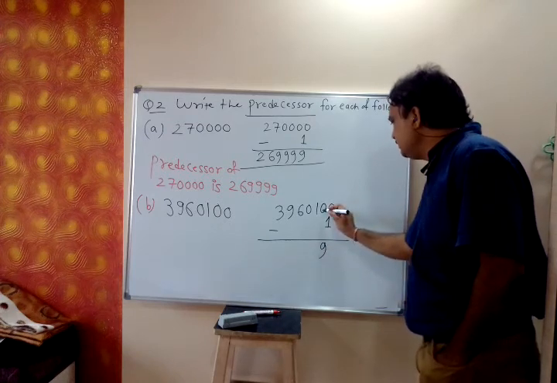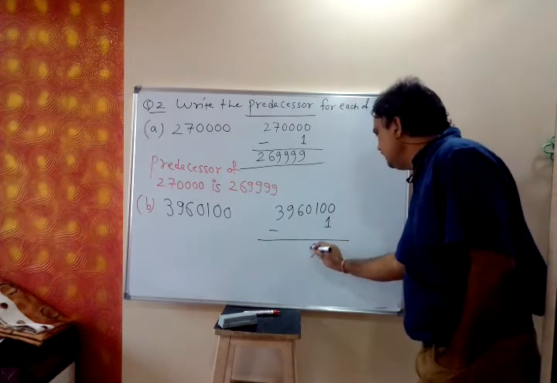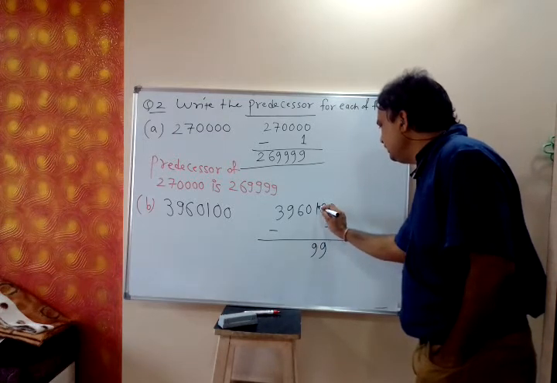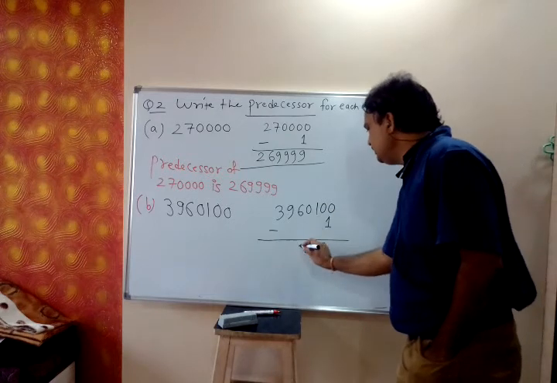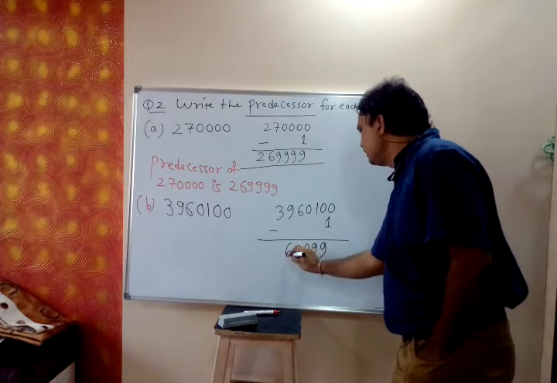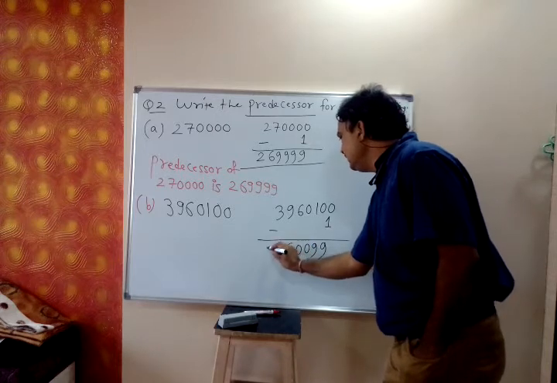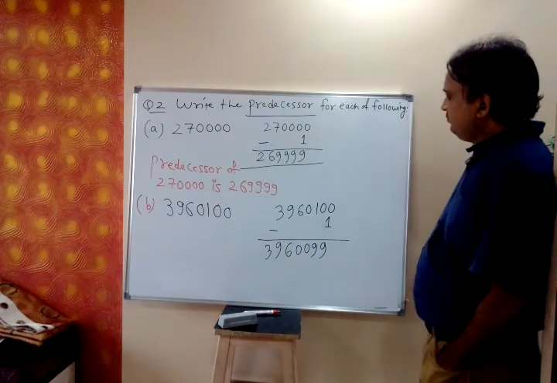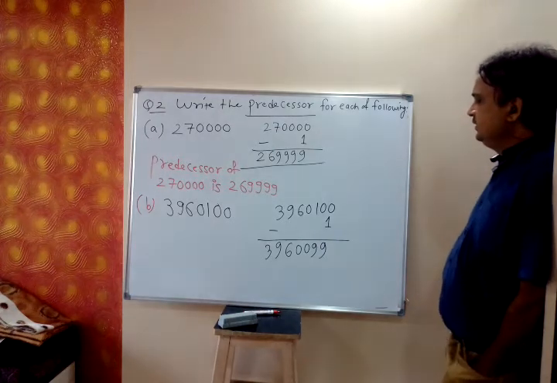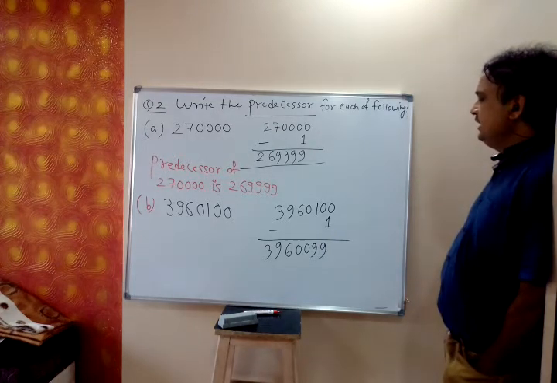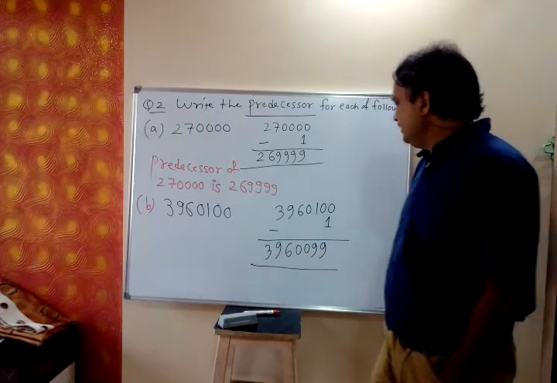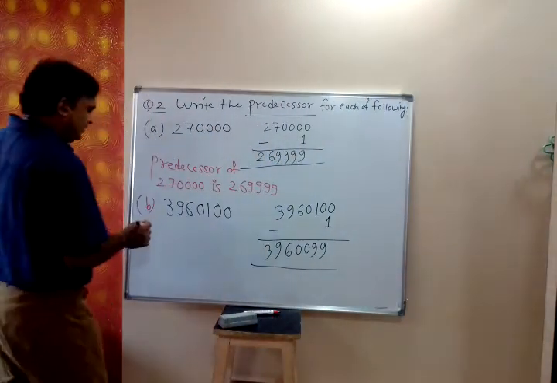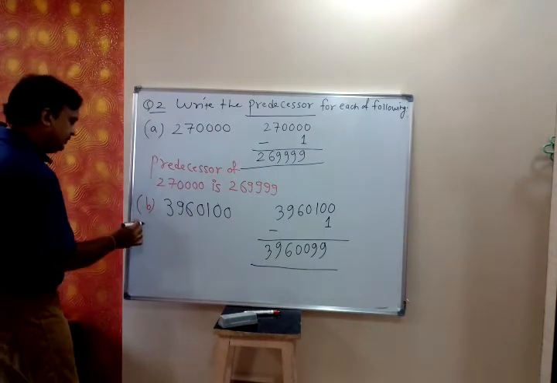Then 1 is borrowed, so 10 becomes 9. Then 1 is borrowed, so in place of 1 it will be 0. Then 0 minus 0, 0. 6, 9, 3 minus 0, 3. Is it clear? It is 39,60,099. Yes, so that is the predecessor.